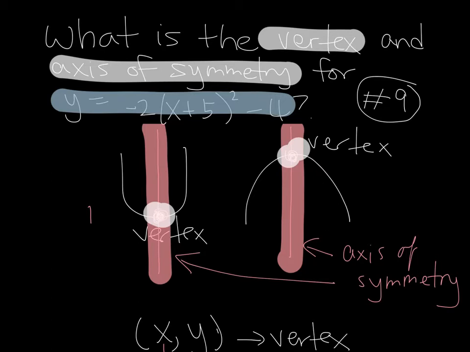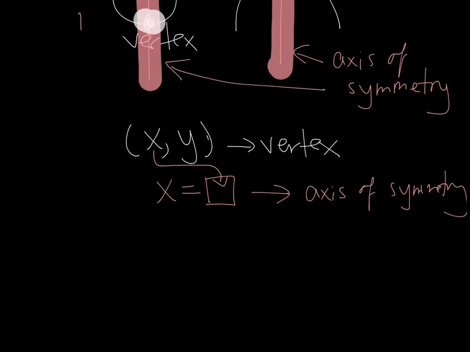What I'm going to do right now is I'm just going to scroll down the screen, because I need more space. Okay, so I am at a new screen. Let me rewrite the equation. That was y is equal to negative 2, inside parentheses, x plus 5 squared minus 4.